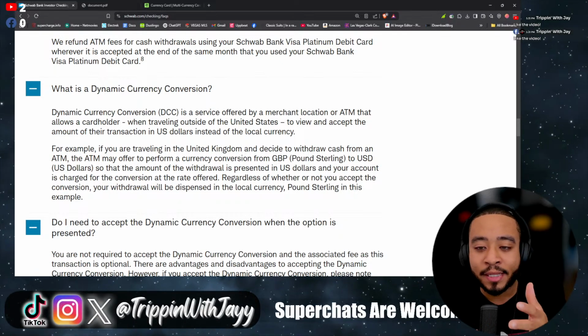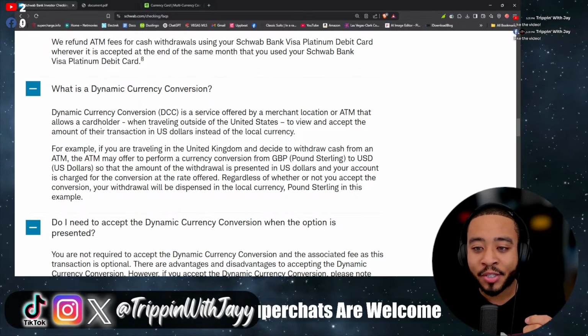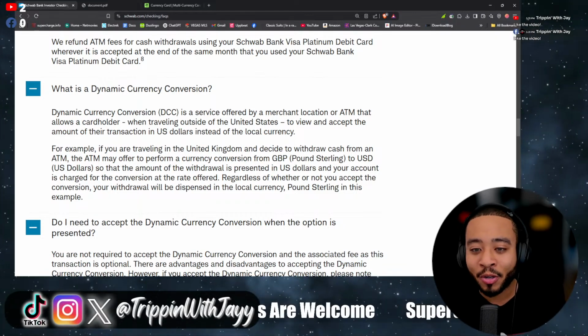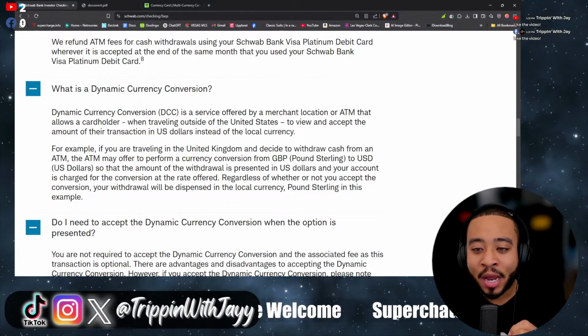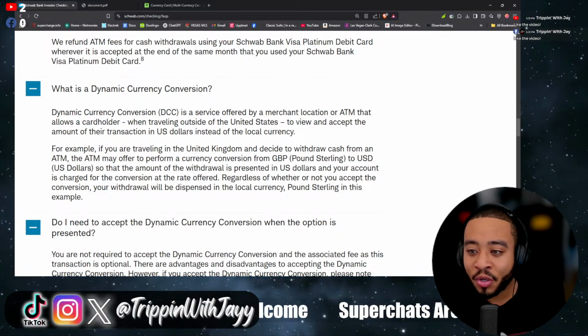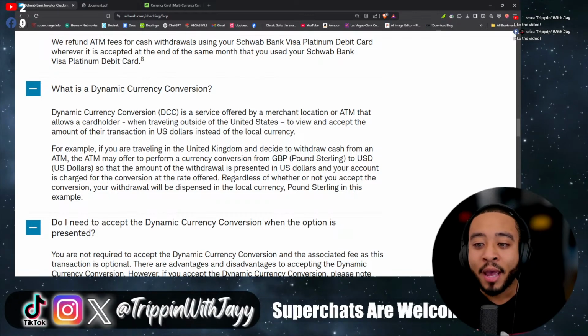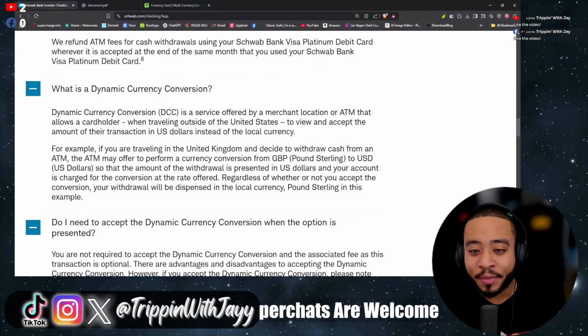So the DCC, that's what we're gonna call it now, is a service offered by a merchant location or ATM that allows a card holder when traveling outside of the US to view and accept the amount of their transaction in US dollars instead of the local currency.